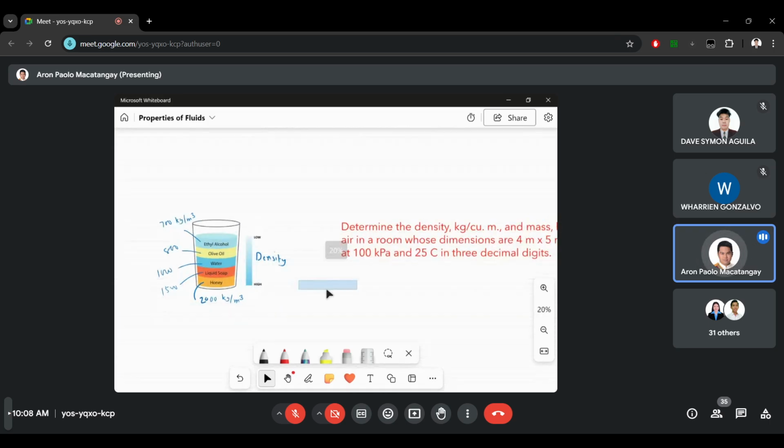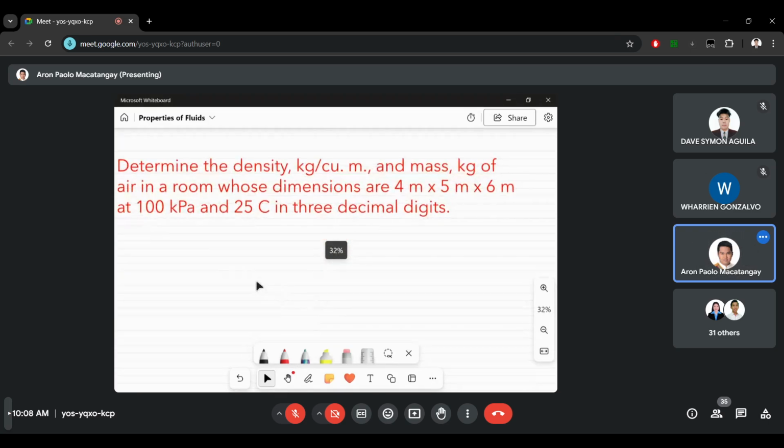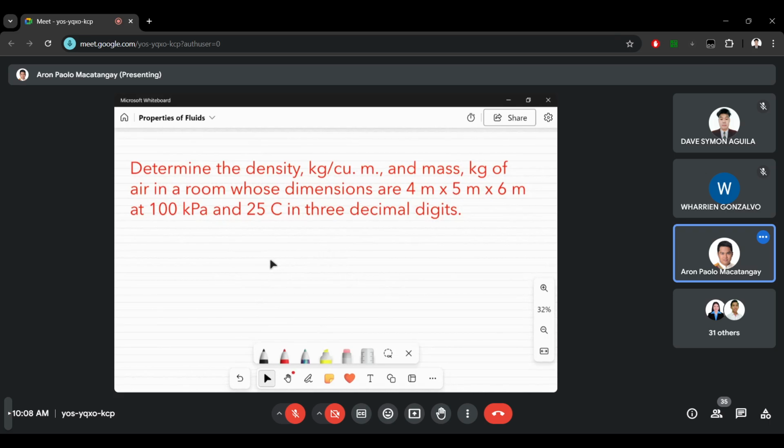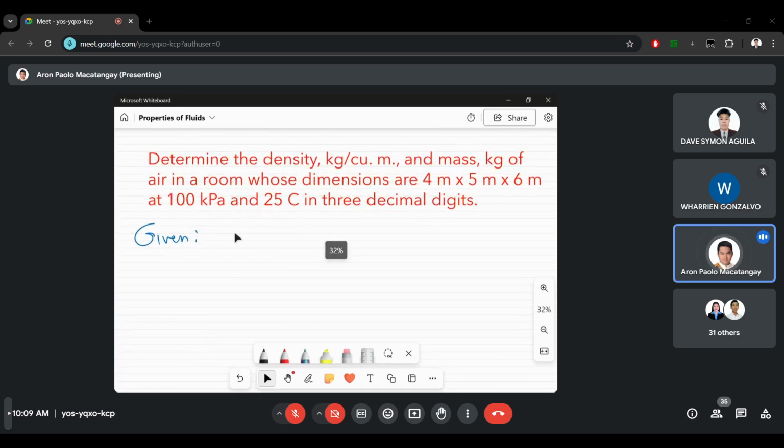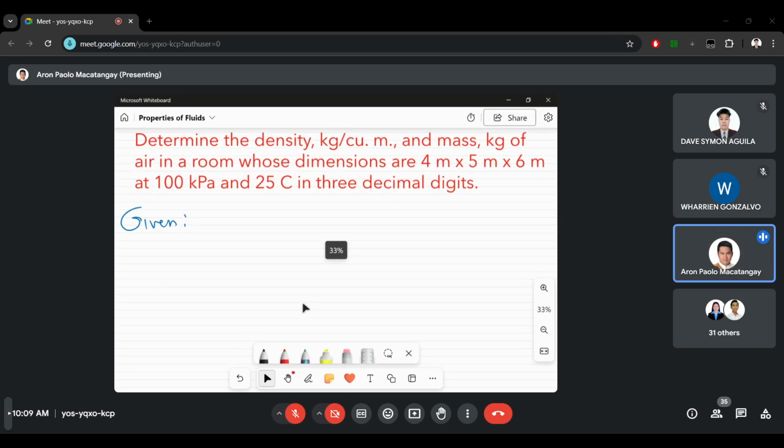Okay, so going back to our example problem, and this is how I expect you to solve also. You start with the given. I want you to write and convert the given values into the units that they need to be.